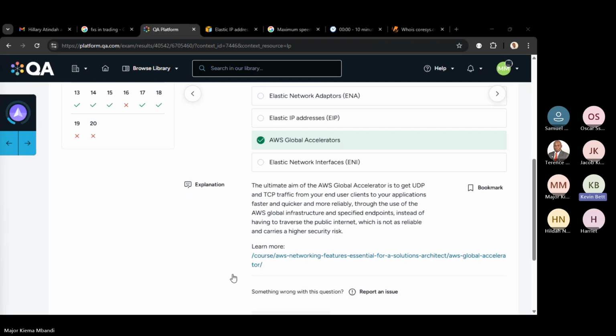For the accelerator, on the other hand, I am assuming there is already an AWS infrastructure connecting Nairobi to the US. So instead of going through the different nodes that the public network would go through, it would be going through a private network that AWS has built to connect the different sites that they have. I don't know if that is correct.